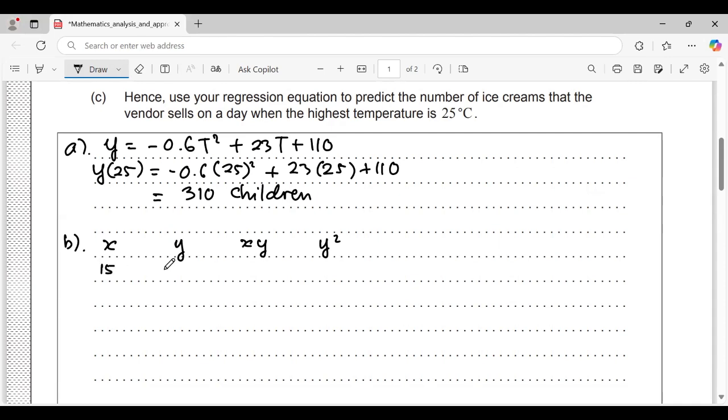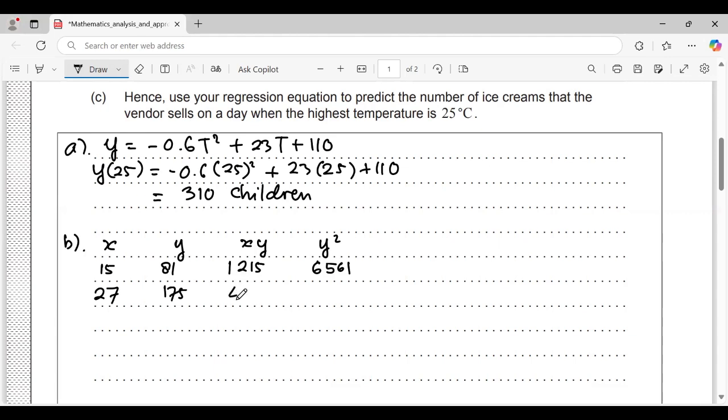It's 15, 81. This is 1215. And this one, y squared, is 6561. 27, 175.